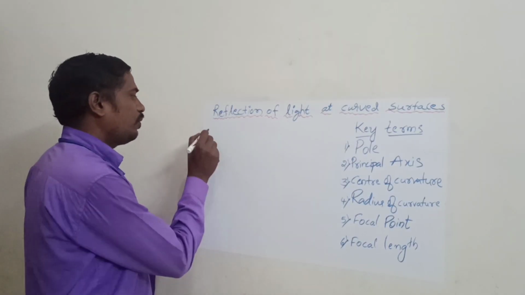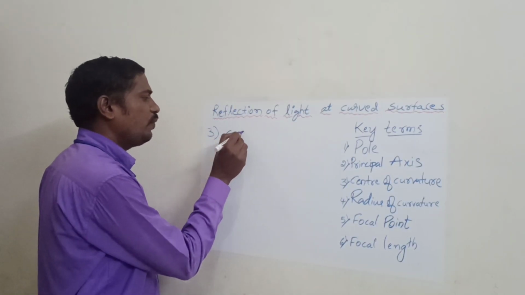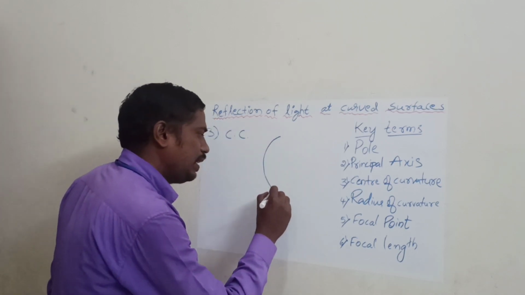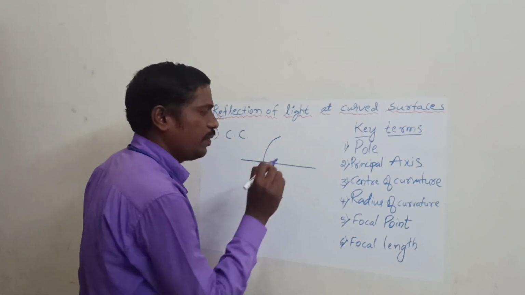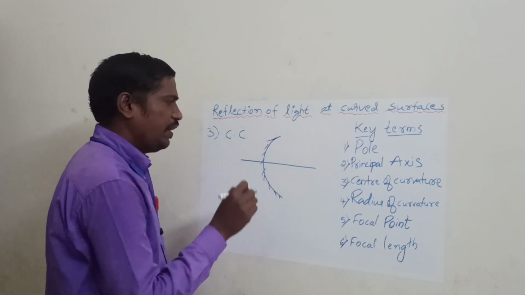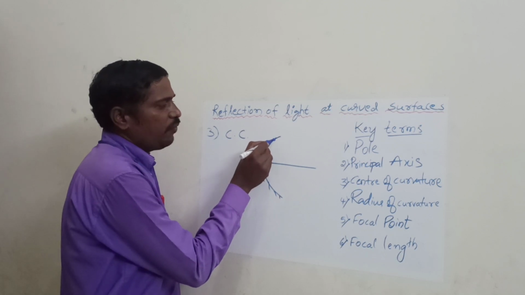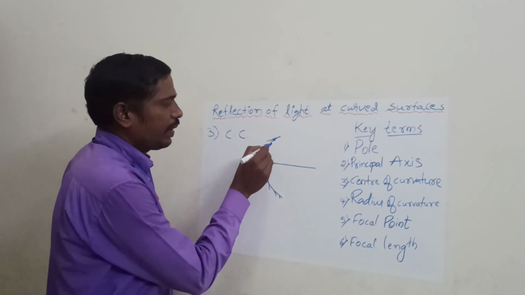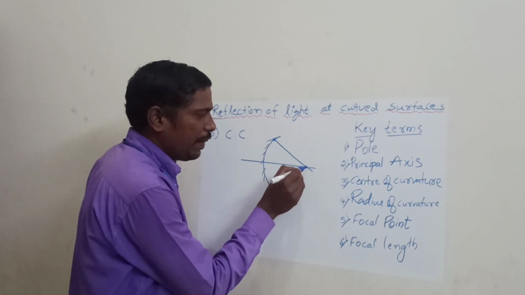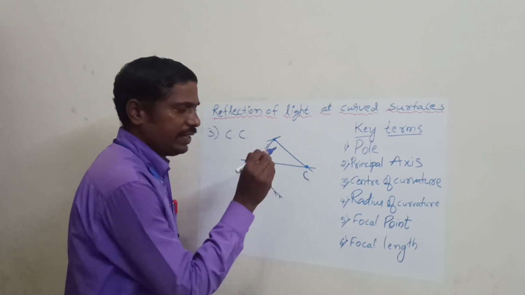Now, third one is center of curvature. This is the concave mirror. If we draw the normal line from the curve, this normal line intersects the principal axis at one point.